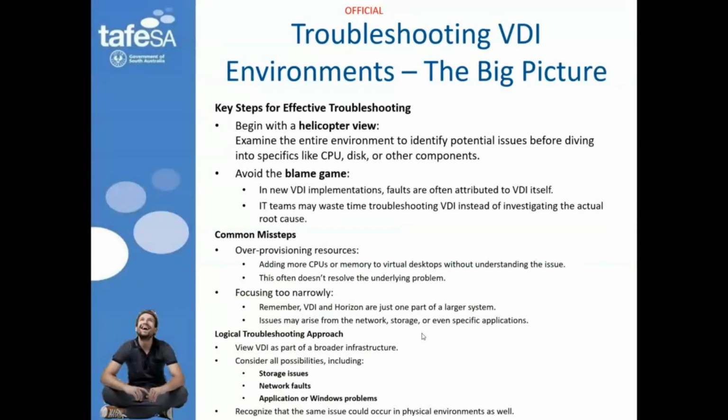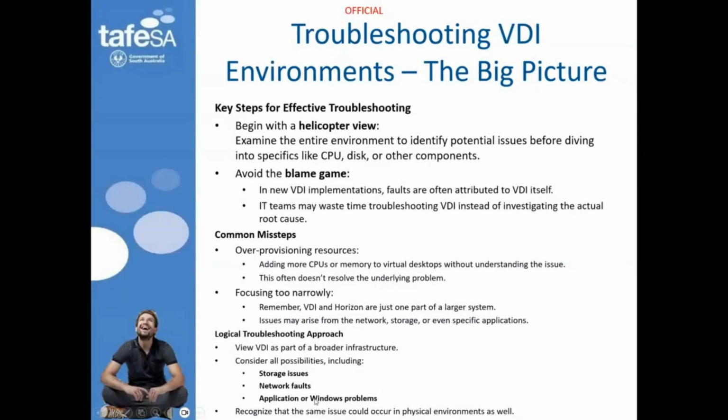What about applications or Windows problems itself? What if the program itself just doesn't run well? You can't attribute that to the virtual desktop instance itself. It could just be an application fault. It might just mean that you have to update it, or apply a certain fix to it or configure it in a certain way. And what about if it's a Windows operating system problem as well? Recognize that the same issue could occur in the physical environment as well as the virtual infrastructure.